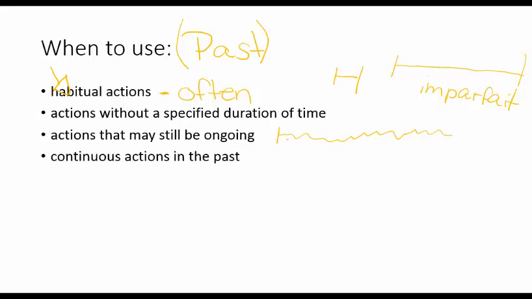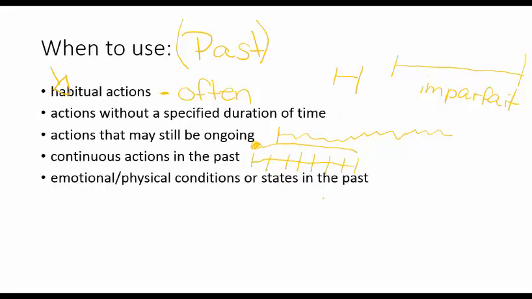Continuous actions in the past. So again, habitual action type idea. Things that happened often in the past and they just kept going perhaps. Like if you started dance over here and you didn't really stop but you kept going, that would be long duration of time, habitual actions, all kind of rolled into one. We also have emotional or physical conditions or states in the past. Just remember that one. I don't have a handy trick for that one.